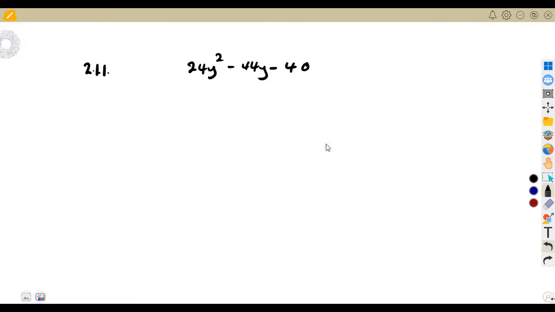We can check here between our numbers. 4 is common there. It's the highest common factor actually. So you can factor out 4. What are we going to remain with? 24 divided by 4 gives you 6y squared, minus 44 divided by 4 gives you minus 11y, minus 40 divided by 4 gives you negative 10.